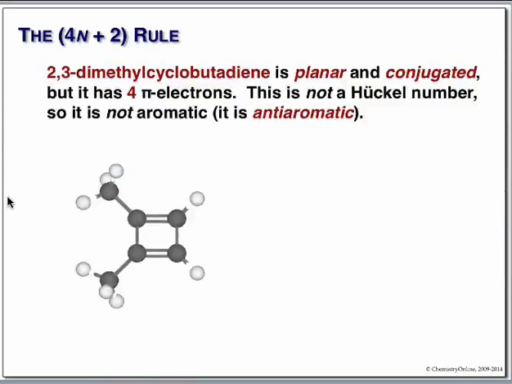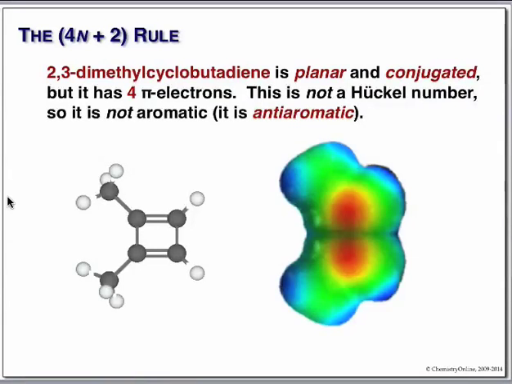Since all the criteria are met, this is an example of something that is anti-aromatic. We can see that if we look at the electrostatic potential map. We do have nice pi systems here for both of our double bonds. However, they're not overlapped into a nice conjugated system that we would expect for benzene.